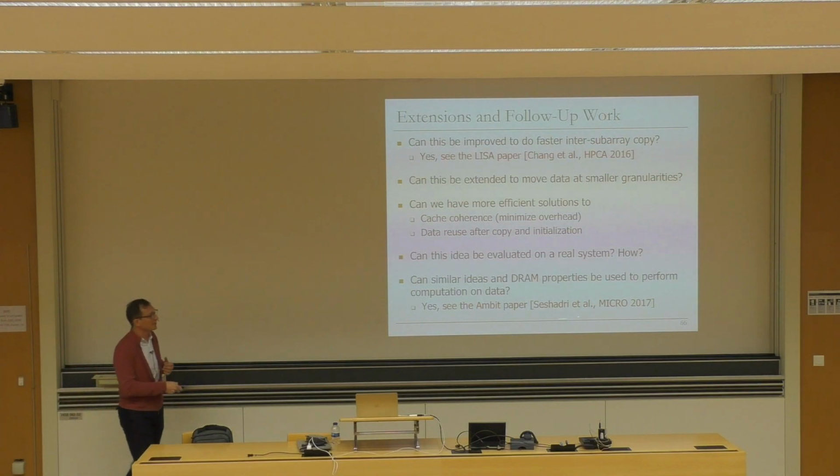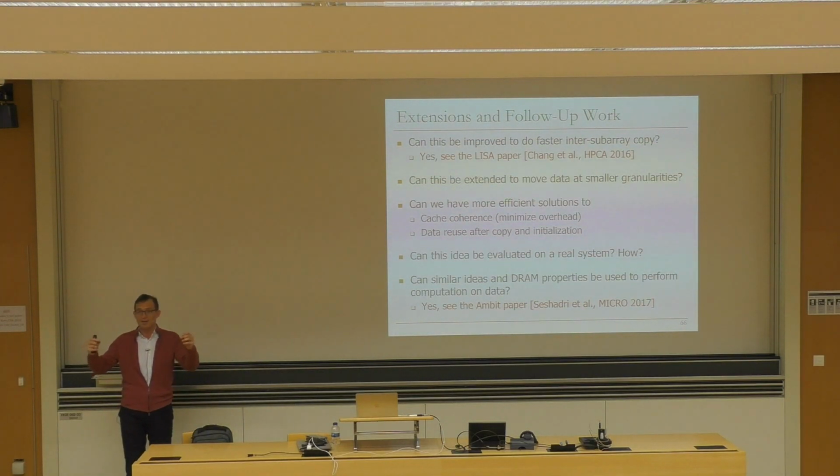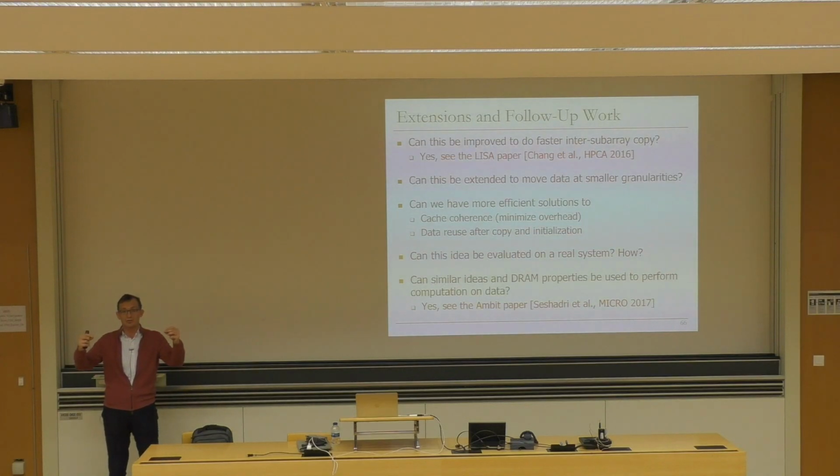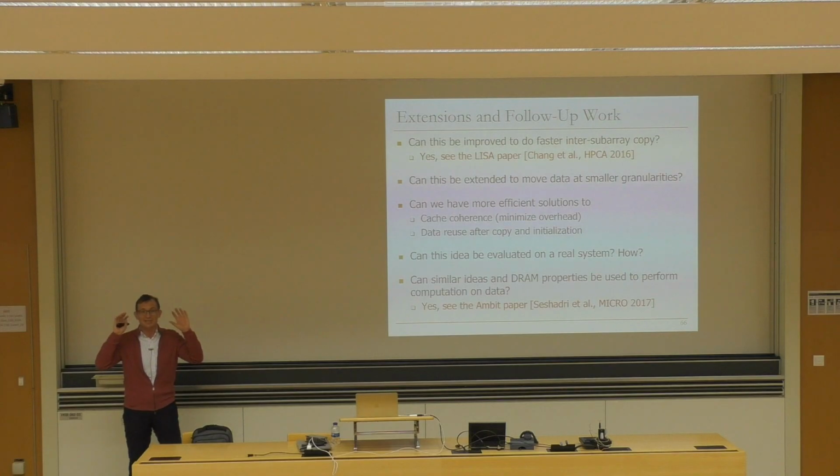he also published this paper, which is the AMBIT paper. It essentially enables bulk bitwise operations across different rows. You can do AND, OR, and NOT across different rows, in a similar mindset to RowClone.